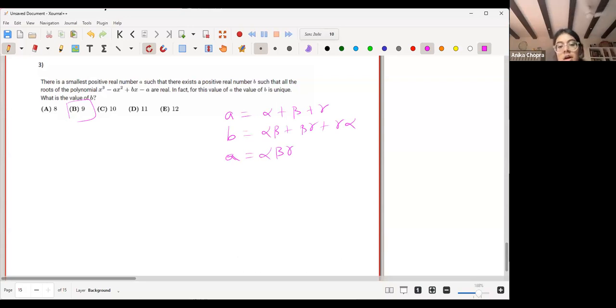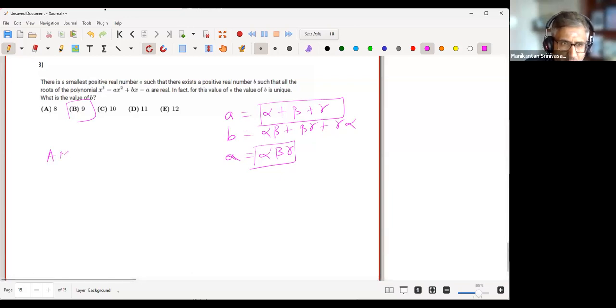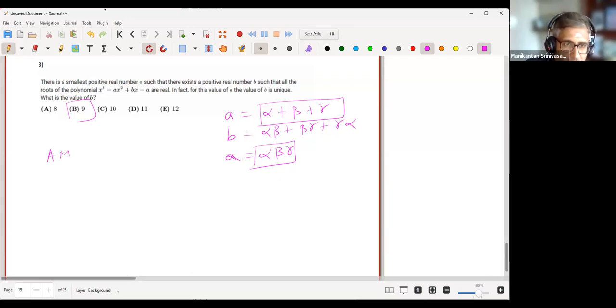alpha beta gamma. Excellent. Yes, exactly. Whenever there's an inequality, the arithmetic mean is always greater than or equal to the geometric mean, with all positive numbers, right?